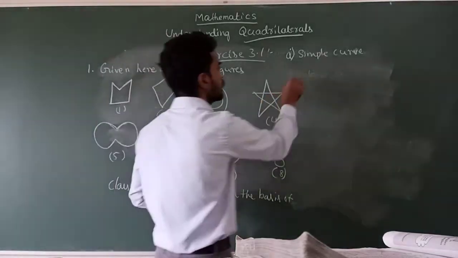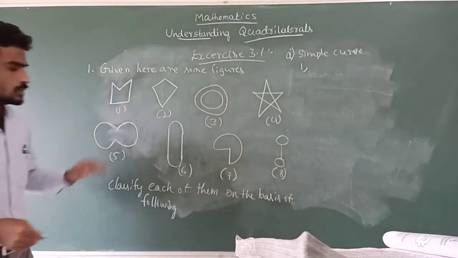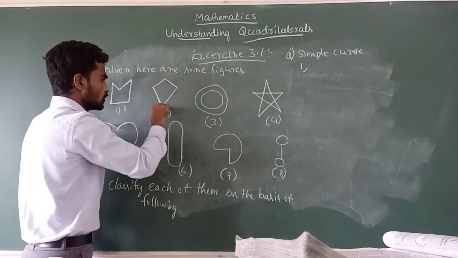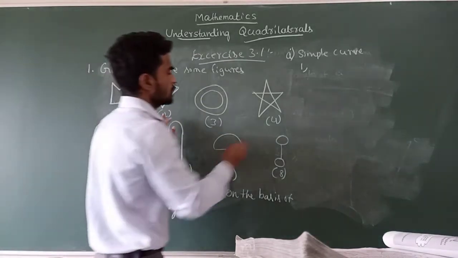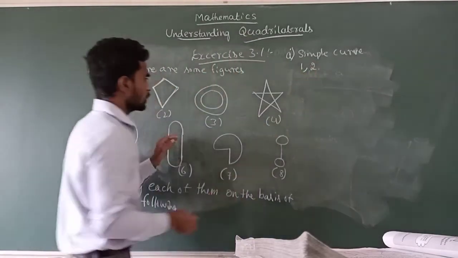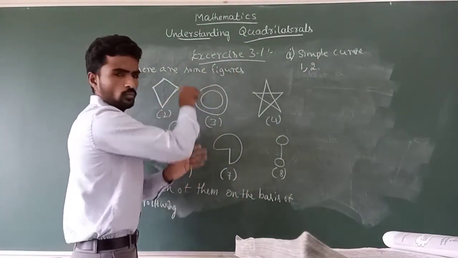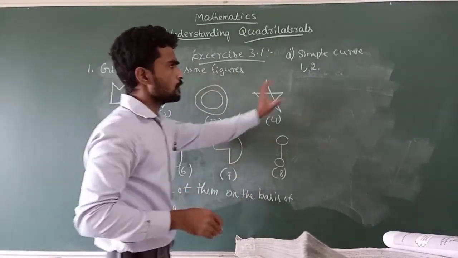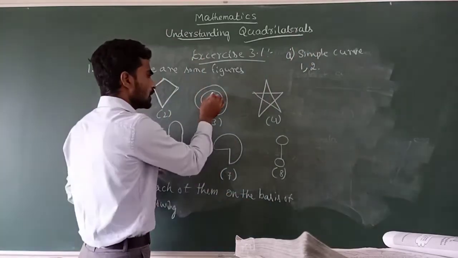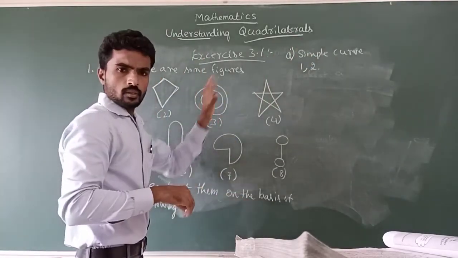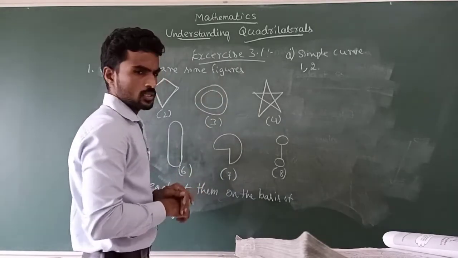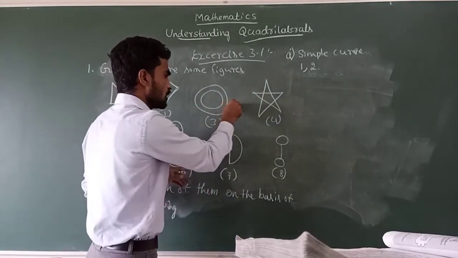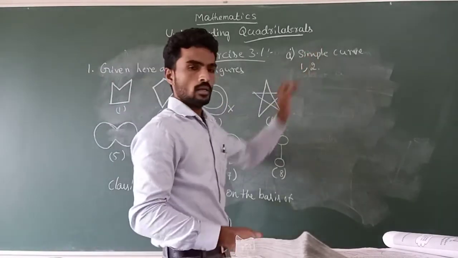Therefore this one is an example of a simple curve. Here also it is the same, so it is also a simple curve. But here, a circle is an example of a simple curve, but here there are two circles, one interior and another exterior. Therefore it is not an example of a simple curve.